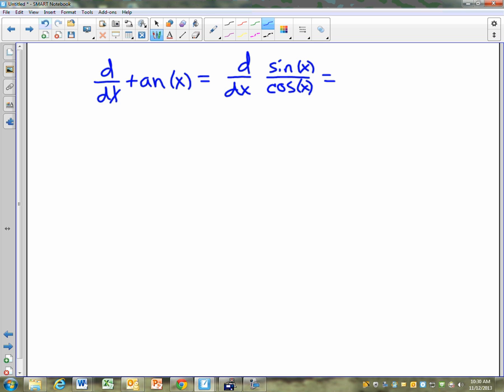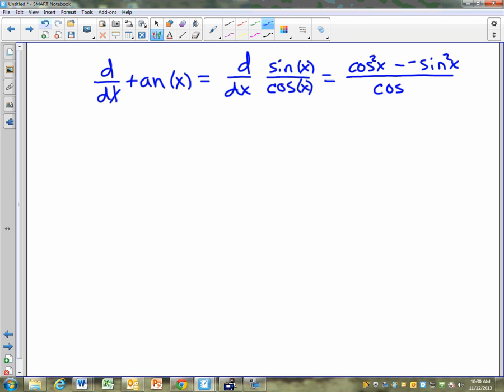What rule would you use to find that derivative? Starts with a Q. Quotient rule. And the quotient rule says the derivative of the top, which is cosine, times the bottom left alone, which gives cosine squared, minus the derivative of the bottom times the top left alone, all over the bottom squared.